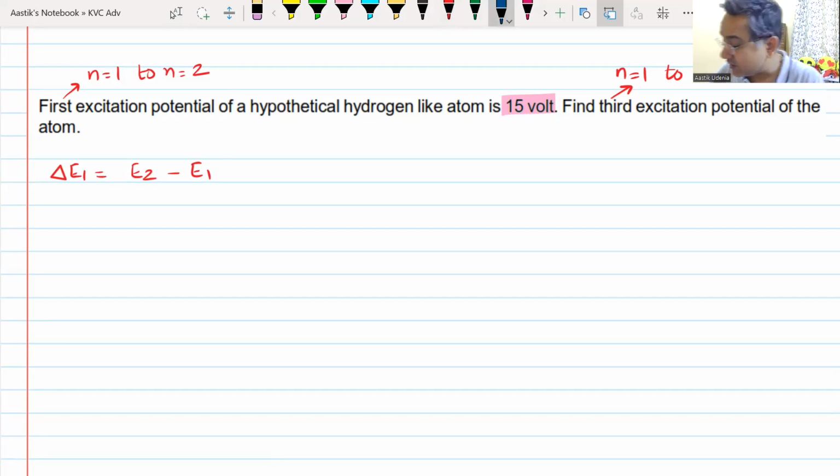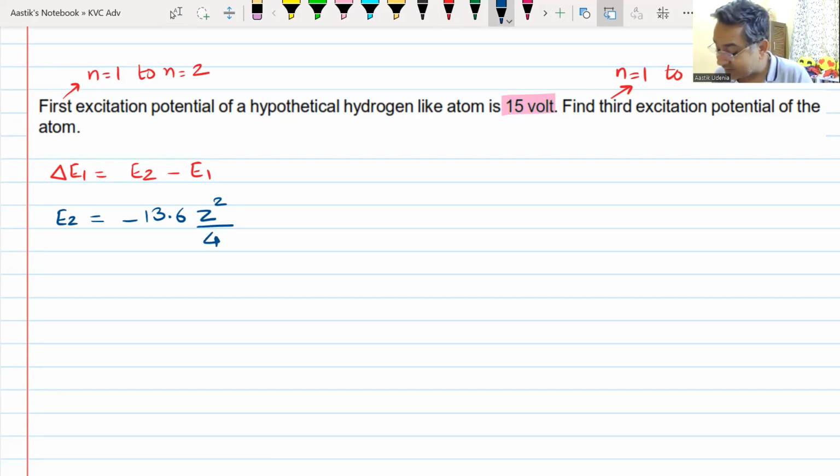What would be the energy in the second level for this hydrogen-like atom? It would be minus 13.6 into Z square by n square. N is 2, 2 square is 4.